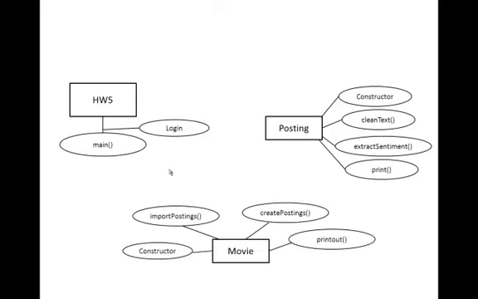Now the new thing that we have in Homework 5 is this movie class. This movie class has one constructor and three methods: import postings, create postings, and print out.